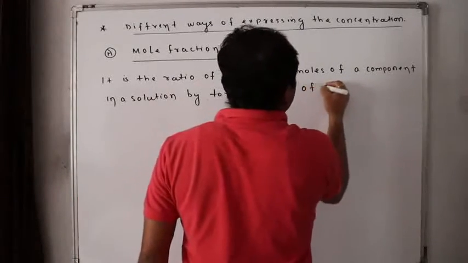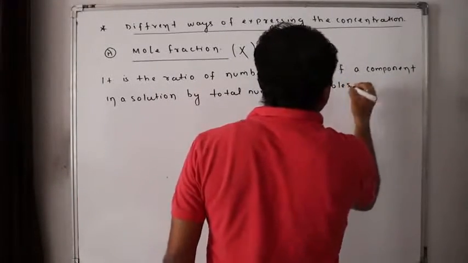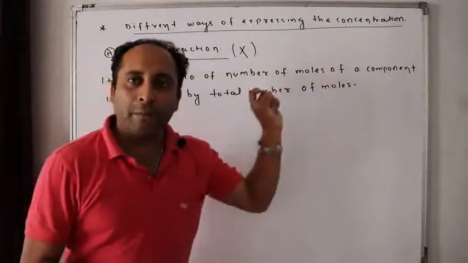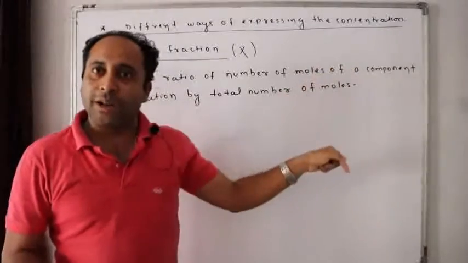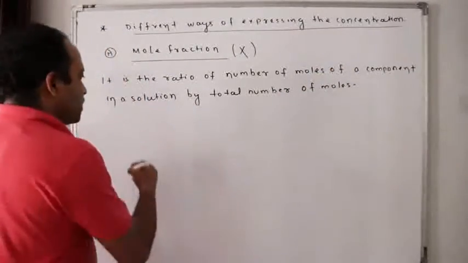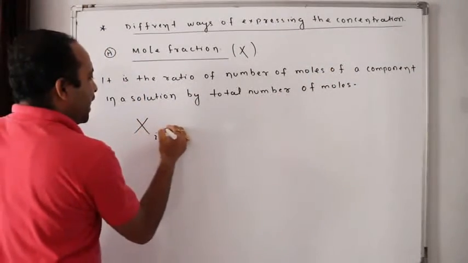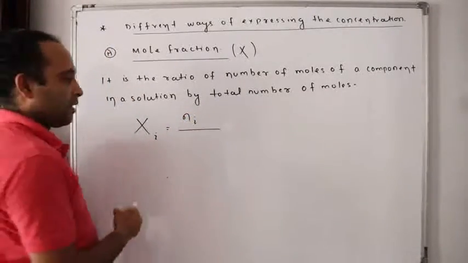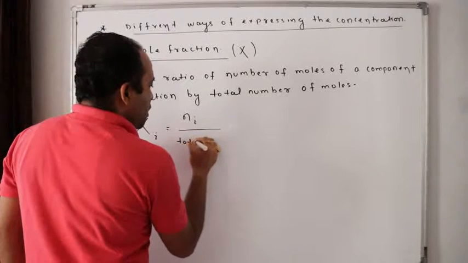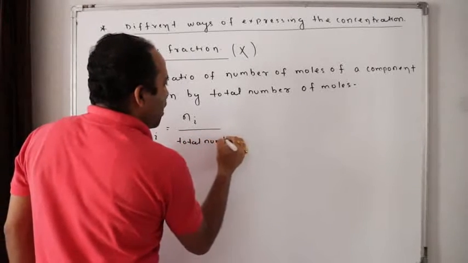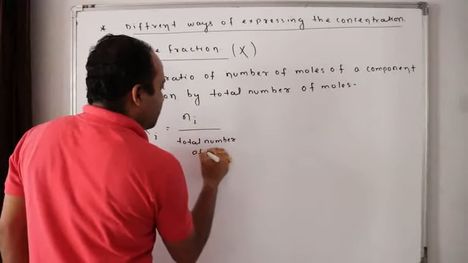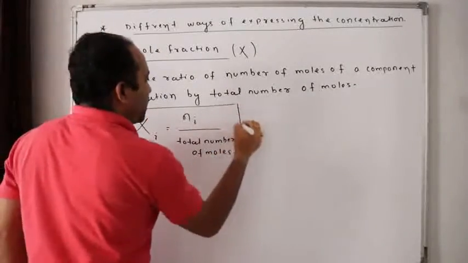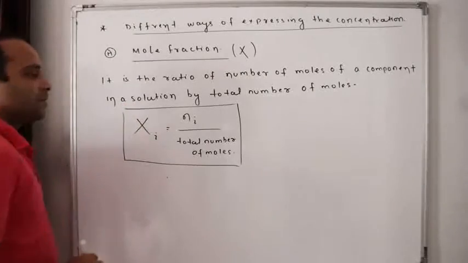What is that? It is the ratio of the number of moles of a particular component divided by total number of moles. That means mole fraction of a component i equals the number of moles of that component by what? Total number of moles.